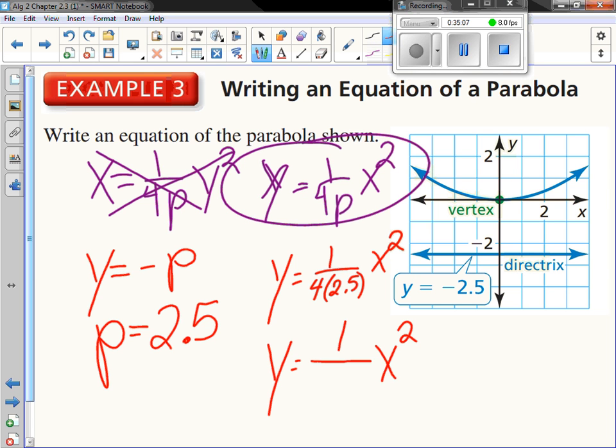So here we can plug this in the calculator, 4 times 2.5. And it works out that 4 times 2.5 is 10. Now, when we're doing these, if there is a decimal in the numerator or denominator, we need to have it in fractional form.